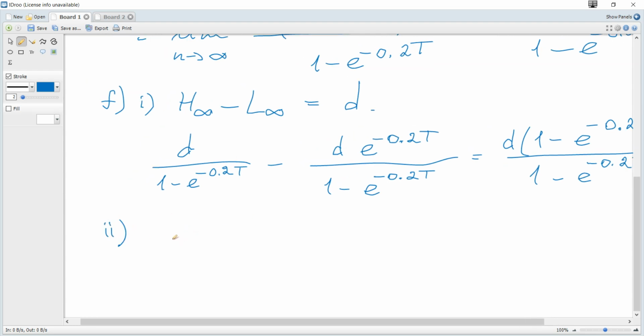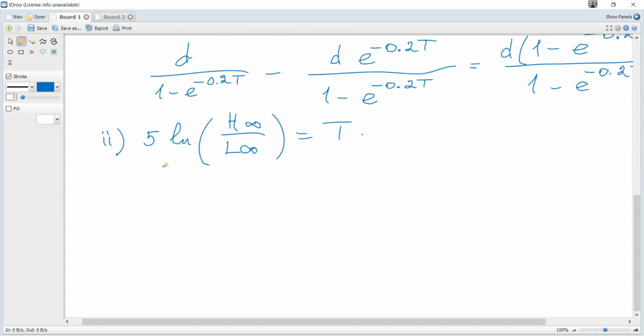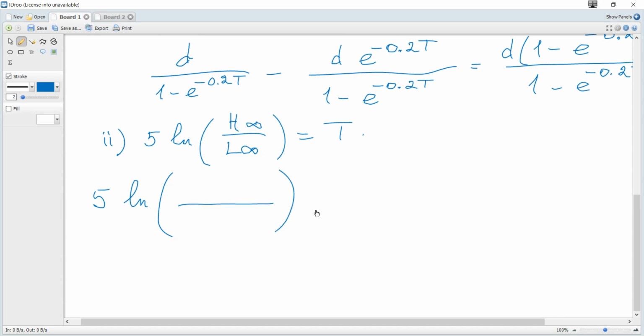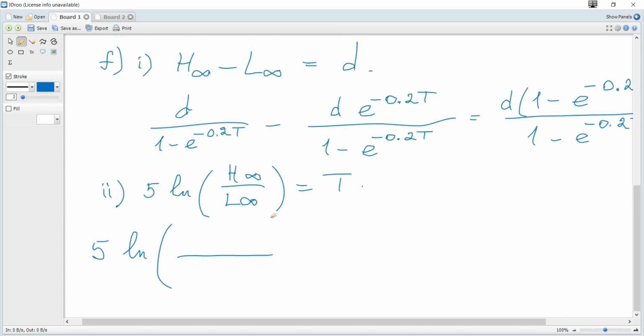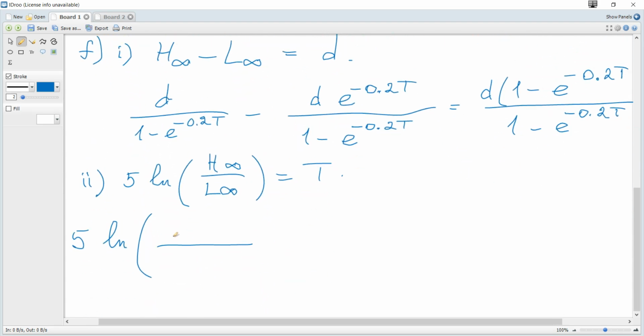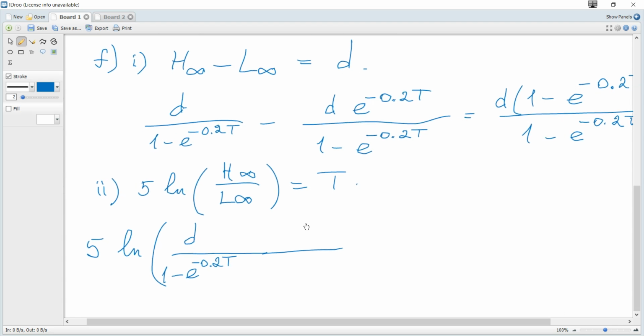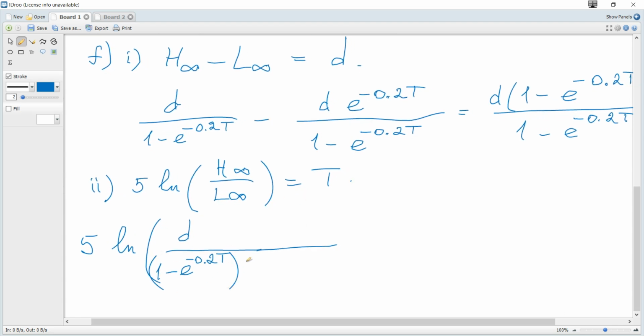The next shows that 5 ln of h infinity over L infinity is capital T. So let's consider 5 ln of h infinity, which is d over 1 minus e to negative 0.2 t, divided by L infinity, which is d e to negative 0.2 t.